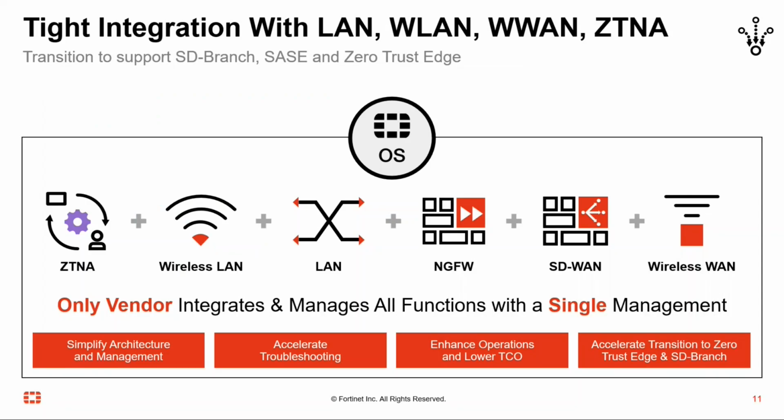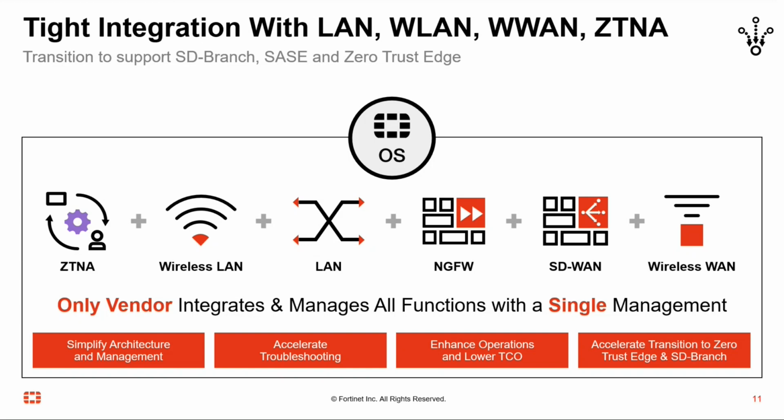Looking at tight integration, when we start to bring all these different components together, on the far left-hand side, the Zero Trust Network Access, and we'll go through that in a bit more detail. The wireless LAN capabilities with the AP portfolio, the LAN capabilities with the FortiSwitch, the standard next generation firewall capabilities that you get with the FortiGate firewall, and then augmenting that with the secure SD-WAN capabilities, providing that redundant capability using multiple access circuits, determining the packet loss, the latency, the jitter of the applications riding over those transport layer circuits, and then making intelligent decisions on which way that traffic should be steered.